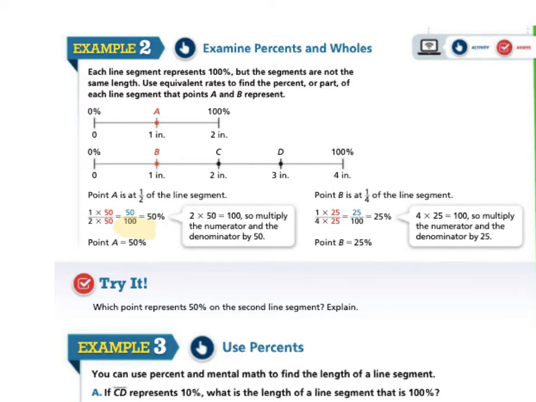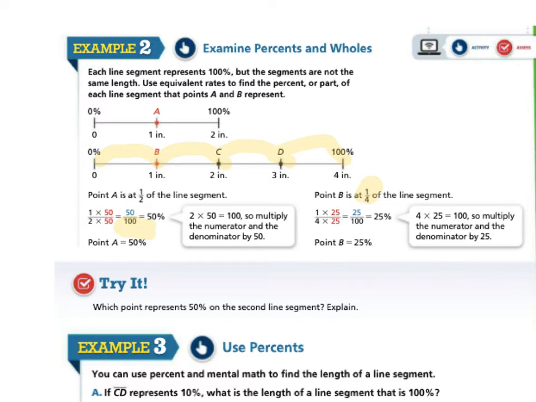Now, point B is at 1/4. So you have to look at this and think, okay, how many intervals do I have from 0 to 100? 1, 2, 3, 4. That tells you the denominator is going to be 4, and B is at the first mark, so it's going to be 1/4.